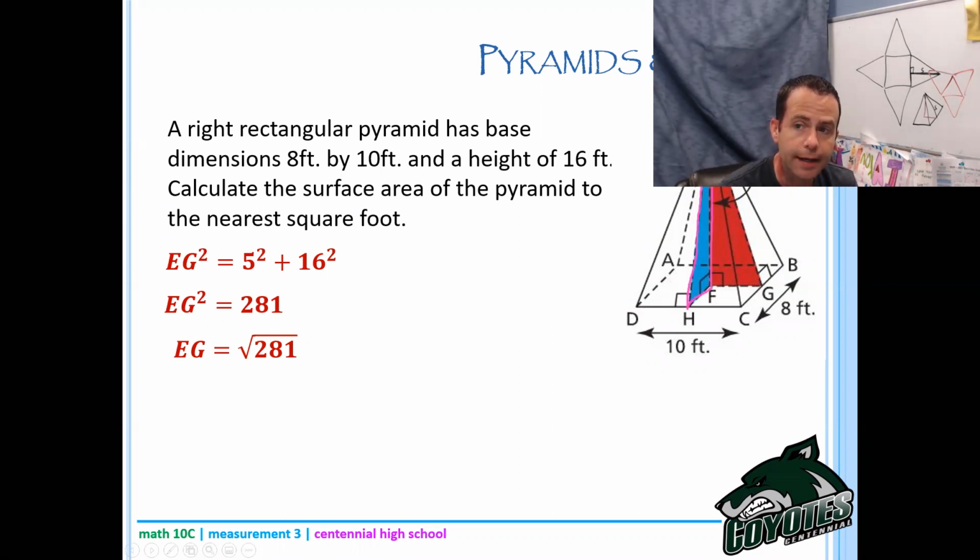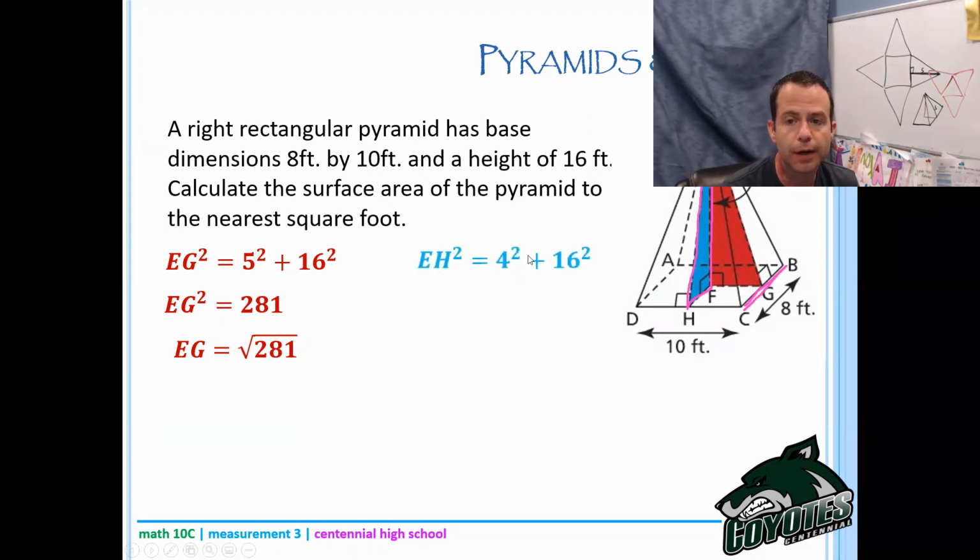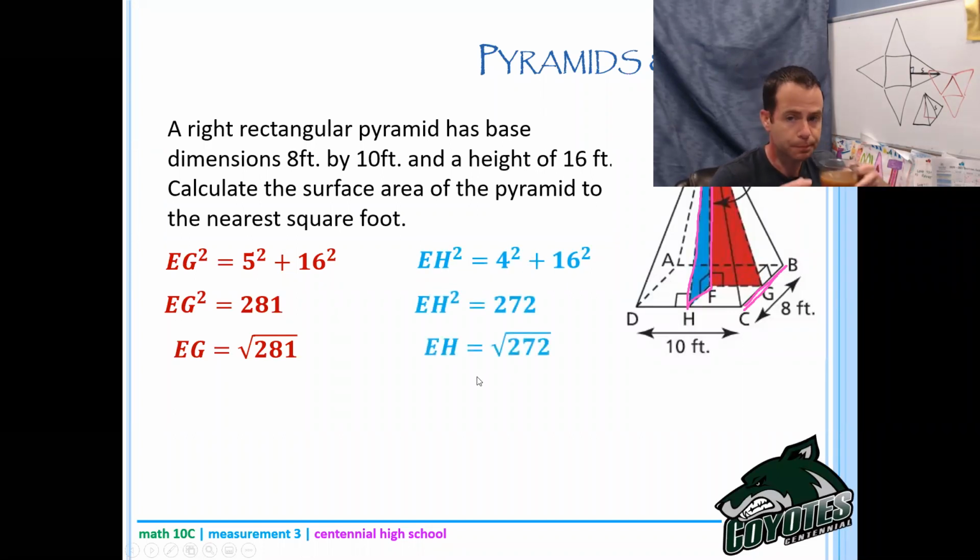So I have a height of 16 still, but the base of this triangle would now be half of this side, which is 4, okay? So the blue triangle, I'm gonna go 4 squared plus 16 squared. I'm gonna add those together and take the square root. And so I'm gonna represent the slant height for EH as root 272. I'm not gonna do anything else with that, okay?